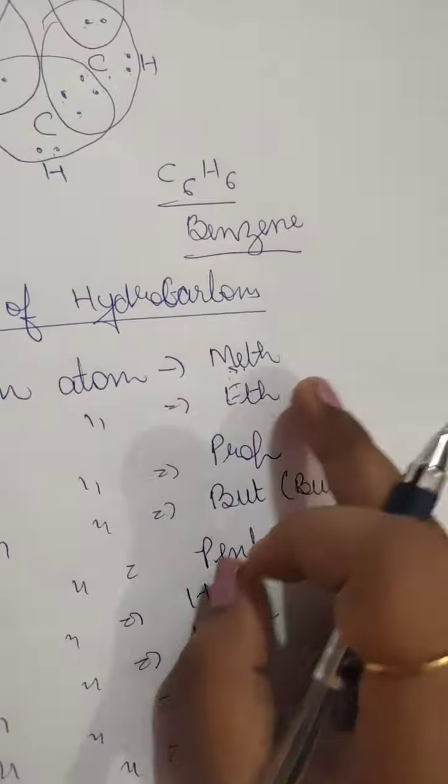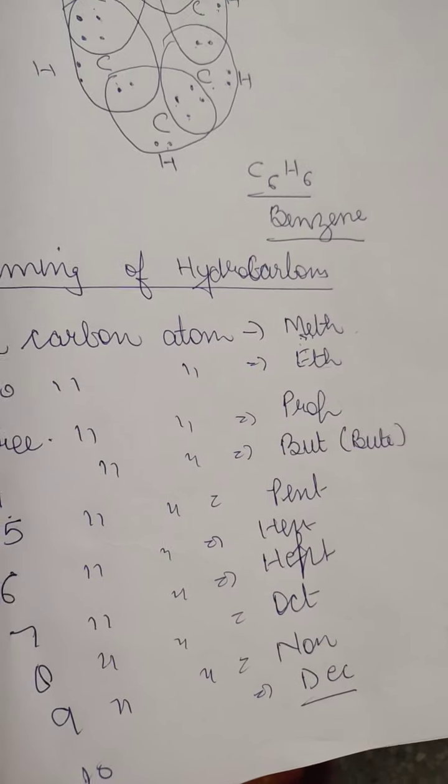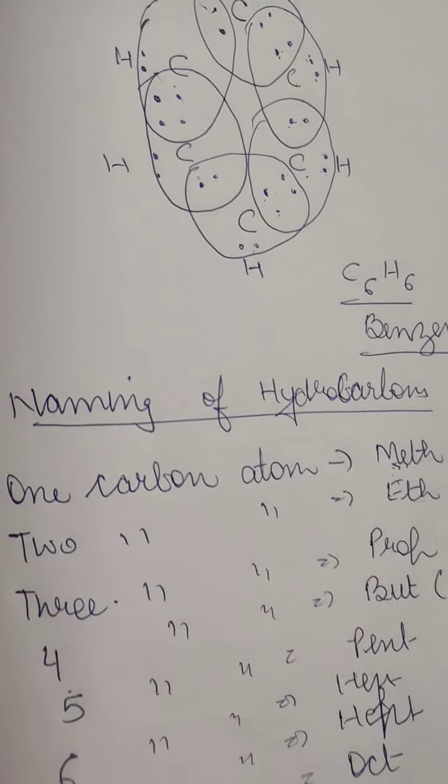And if it is an unsaturated hydrocarbon with a triple bond, it will be yne, Y-N-E. So it will be called methyne, ethyne, propyne. That is how we name these hydrocarbons.